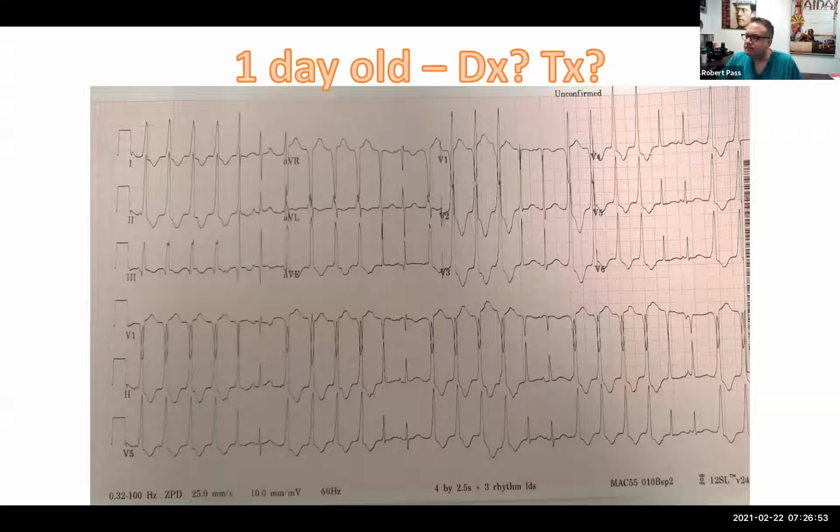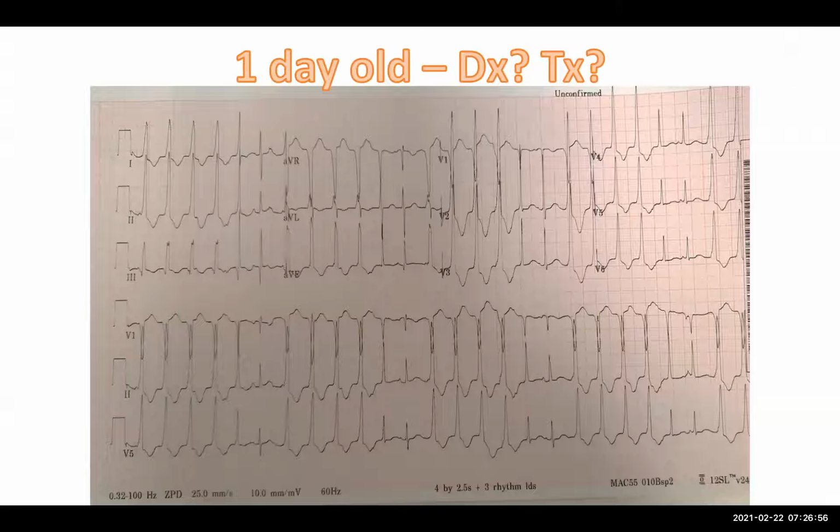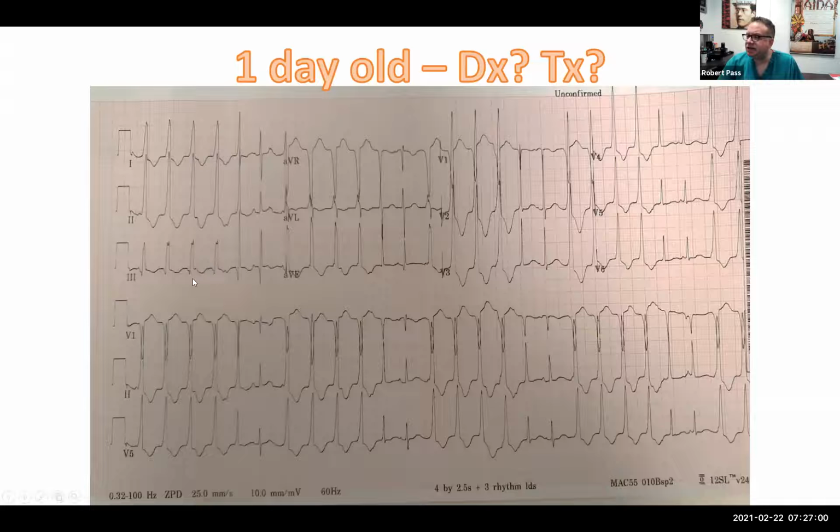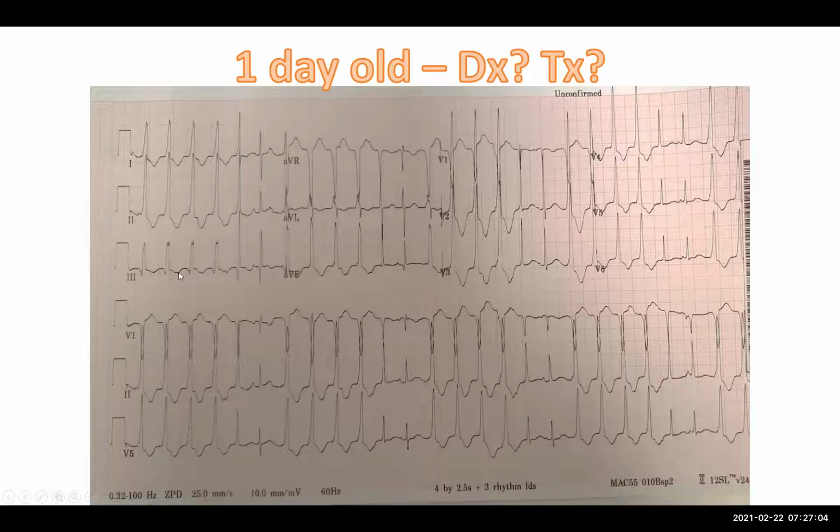Okay. Let me see what else is going on in here. I would point you to lead 3. There's an interesting observation here, I think. Lead 3 has maybe an RSR. I'm pointing to a P wave here.